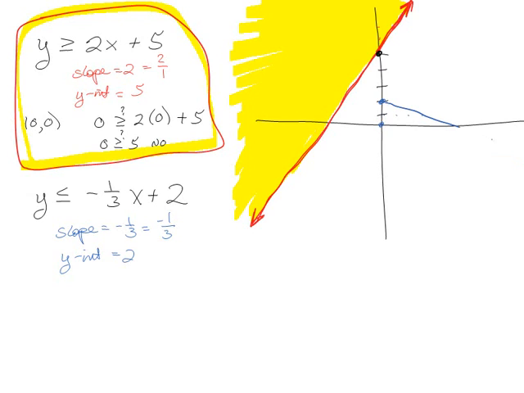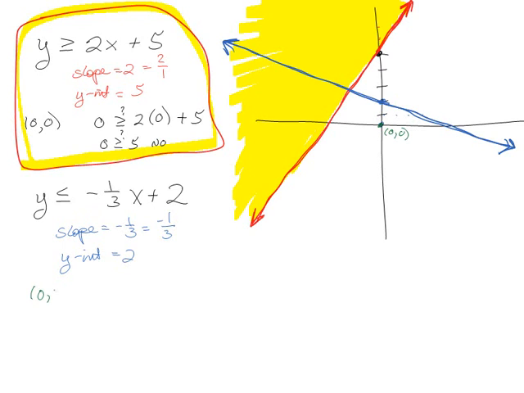And they're connected like that. And now I want to check, is that going to be a solid line or a not solid line? I'm a little careful. Since it's an inequality that has a less than or equal sign, that means this is indeed going to be a solid line. Now again, I want to check this 0, 0 spot.